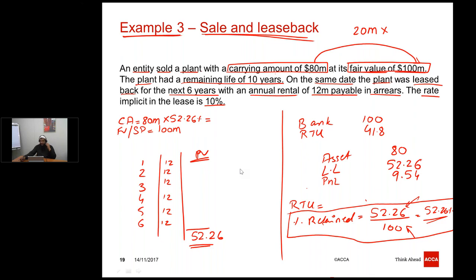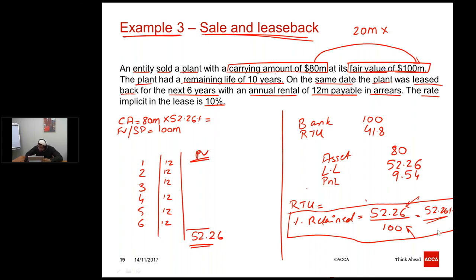Zoeb, not 60. No, Simran, not 52.26. No, Hamza, not 40. No, Cooley, not 18. Yes, Harsh, 47.74. This is the right answer. Yes, Neeraj, 47. Yes, Simeon, yes, Simran.